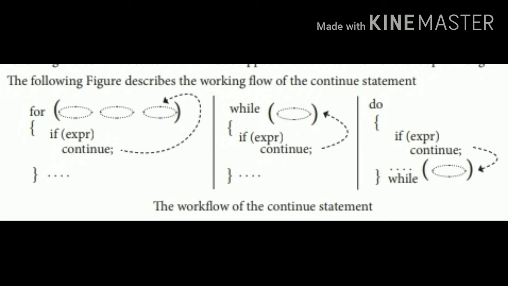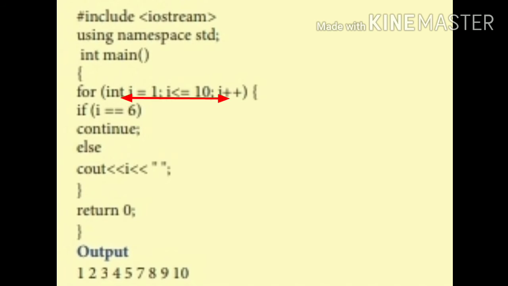In this example, the loop will iterate 10 times, but if i reaches the 6th iteration, then the control is transferred to the for loop, because here we use the continue statement. Okay, so the output looks like this: 1 2 3 4 5, and then 6 is not displayed, and then 7 8 9 10.